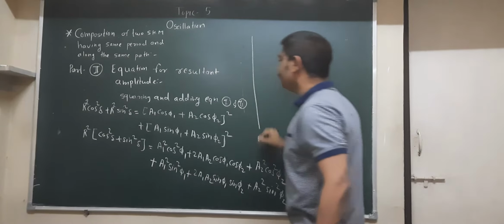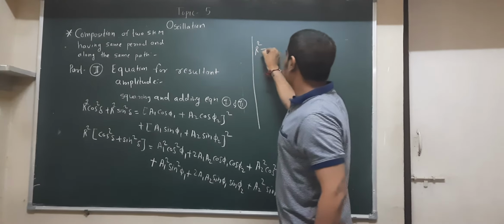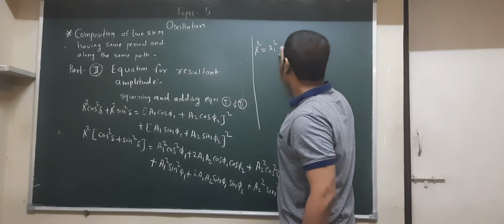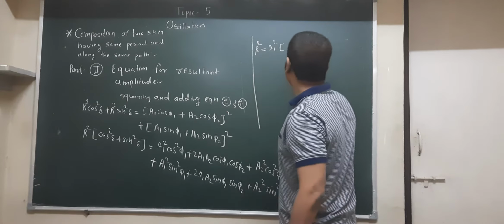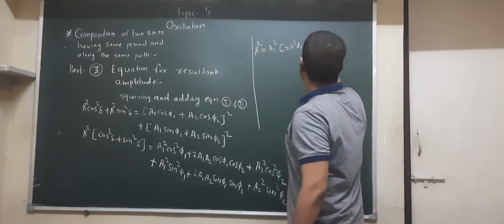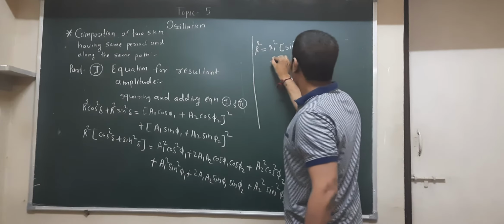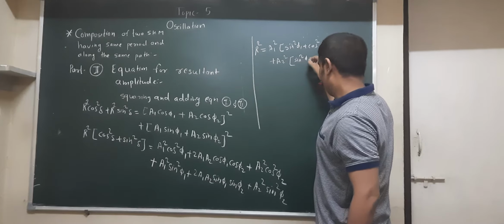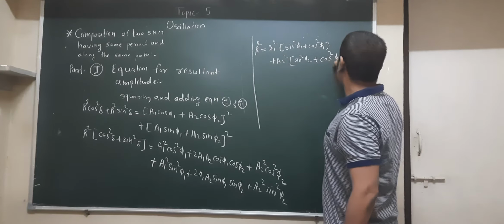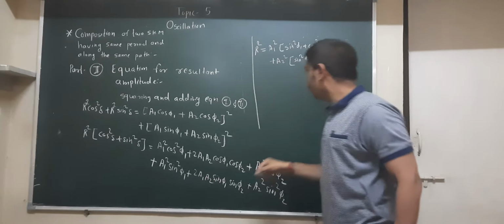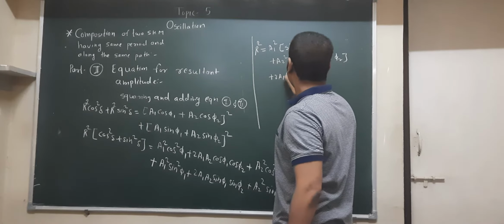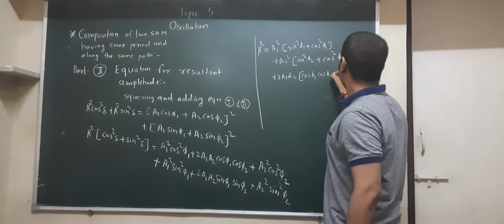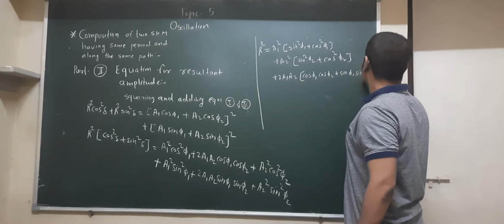So the next step: R square is equal to, take out a1 square as common, so a1 square into the bracket sin square phi 1 plus cos square phi 1, plus take out a2 square as common from this last step, so sin square phi 2 plus cos square phi 2, and now take out twice a1 a2 as common, plus twice a1 a2 into the bracket cos phi 1 cos phi 2 plus sin phi 1 sin phi 2.